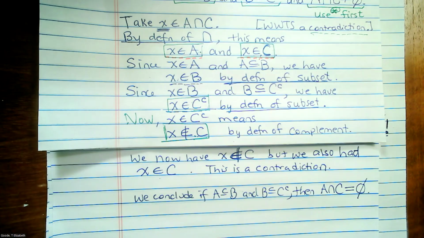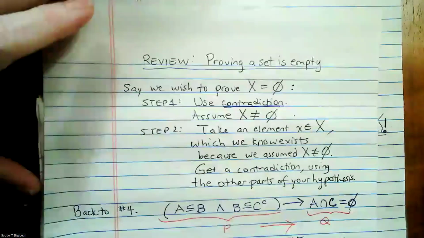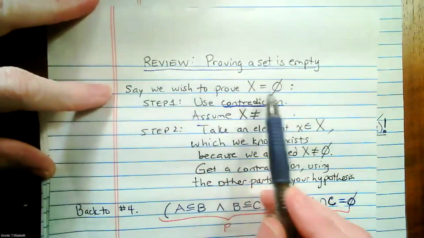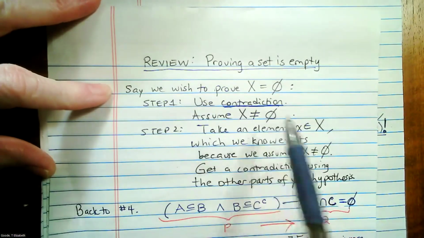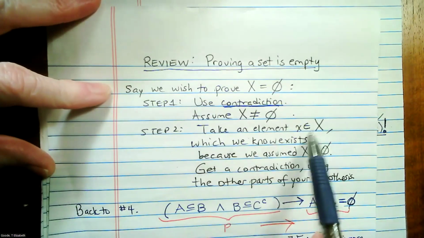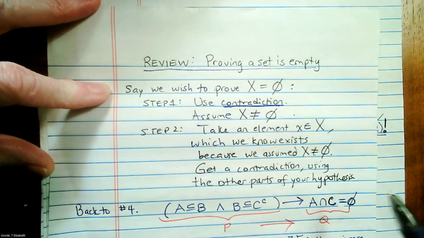Every time you're trying to prove a set is empty, the strategy is always to try to get a contradiction. If we want to prove some set is empty, call it X, use contradiction and assume it's not, and then take an element from it, because we know that element exists because we assumed it's not empty, and then get a contradiction from the other parts of your hypothesis.